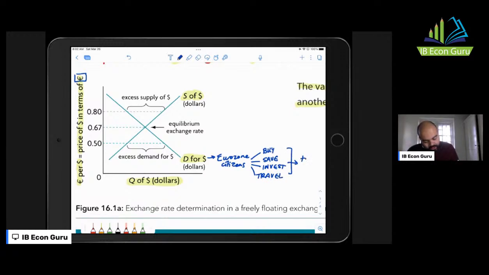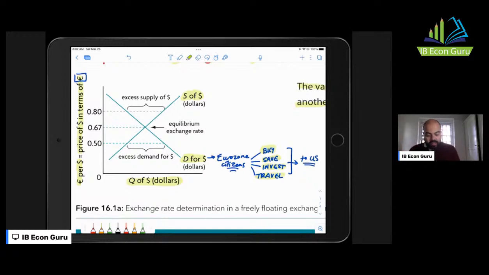So any Eurozone citizen that wants to buy US goods and services is demanding dollars. Saving or investing in US financial markets, or traveling to the US either for tourism, to study, or business, is demanding the US dollar.